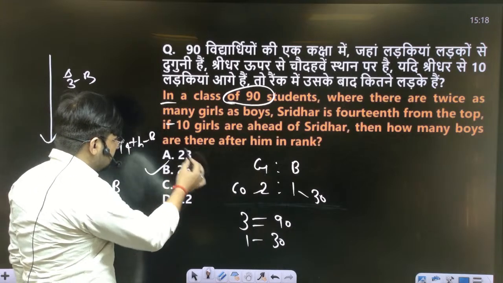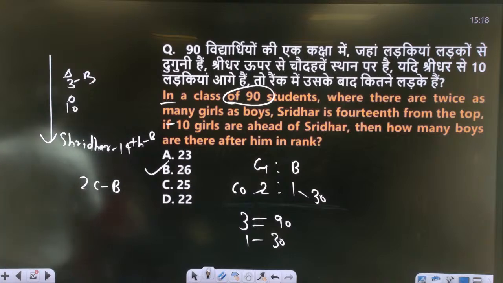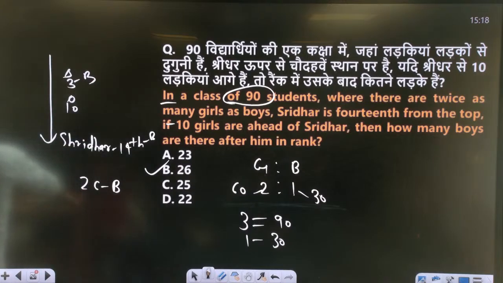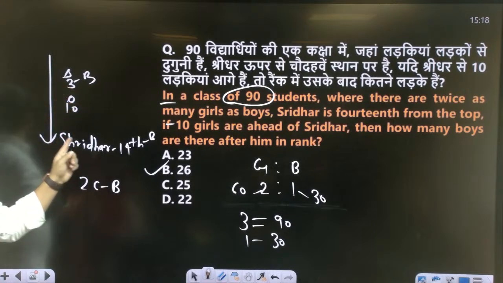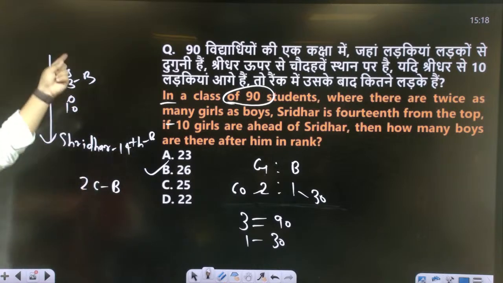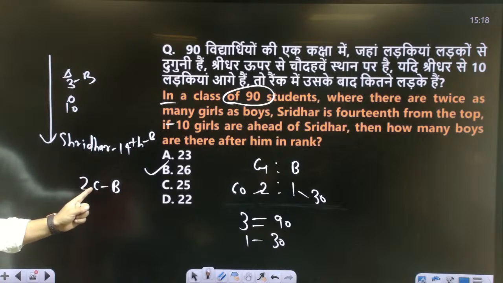So 26 is our correct answer. Is it clear? Any doubt? Clear, sir? It's B. No, 3 and Sridhar is also a boy. 3 and 1, 4. So 30 minus 4, it's 26. Any doubt?